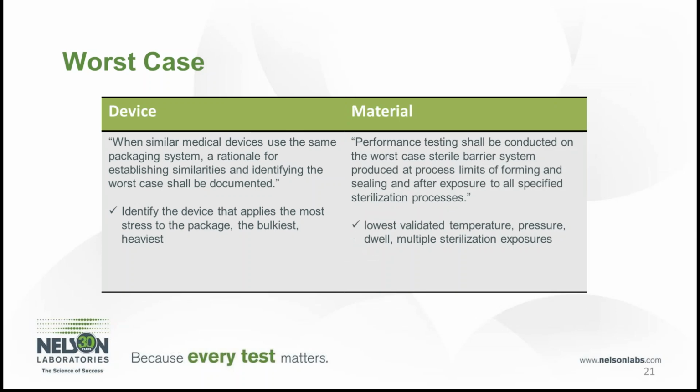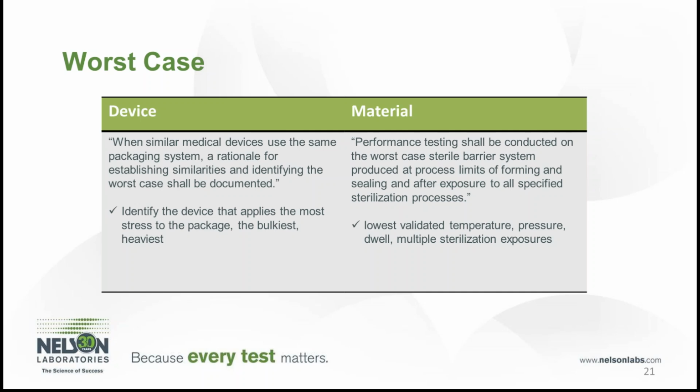The second one that I mentioned was the material, looking at your sterilization process, making sure that you've got the validated temperatures, the pressures, the dwell times, multiple sterilization exposures. With EO, that's usually 2x on a full validated production cycle. With radiation, you're looking at 40 plus kilogray.